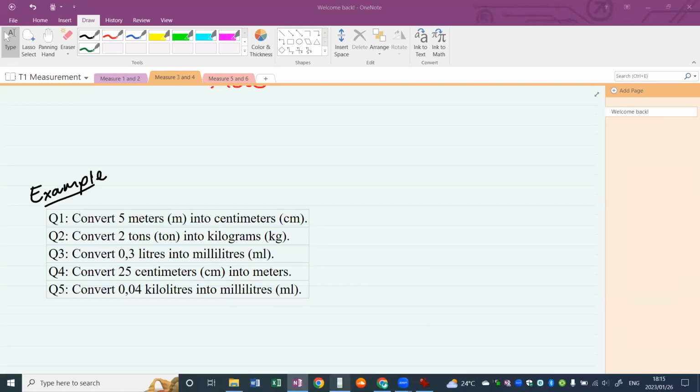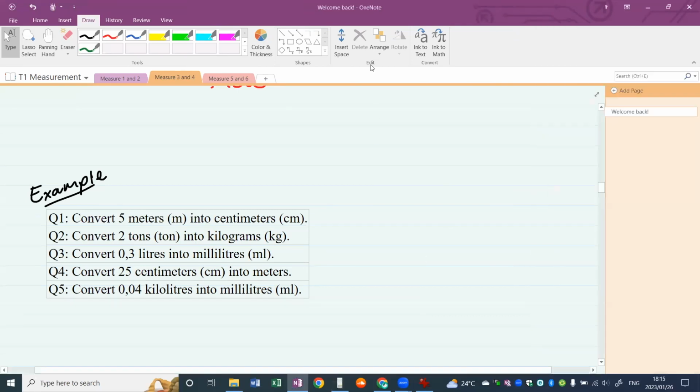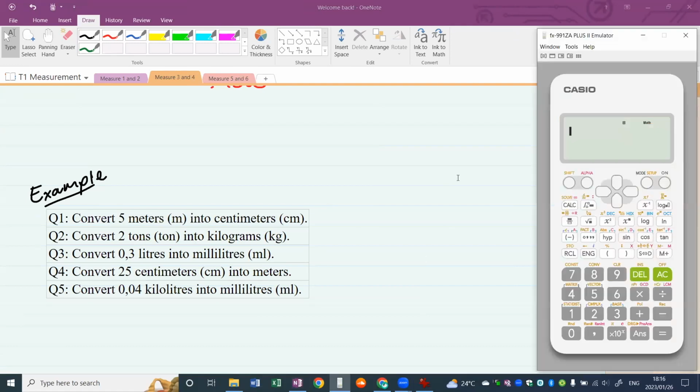Kia, you should be able to see my calculator now. Guys, you should be able to see my calculator on the screen now. The calculator is your friend. This is what's going to do most of the work for you. Have your calculators ready when you start doing your calculations.